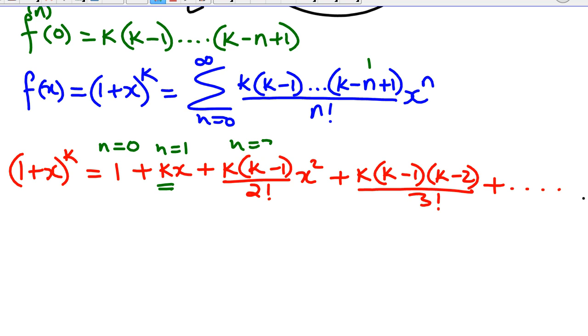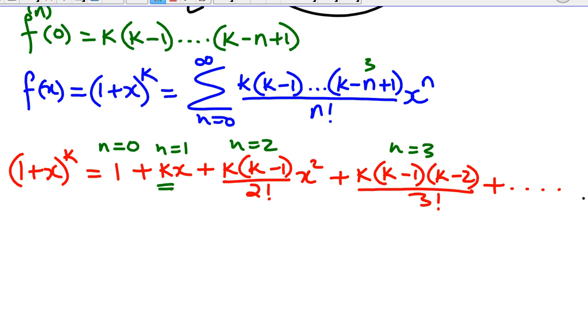When n is equal to 2, it means in this formula, you're going to stop at negative 2 plus 1, which will be negative 1. So you're going to stop at k minus 1. When n is equal to 3, you're going to stop at negative 3 plus 1, which happens to be negative 2.